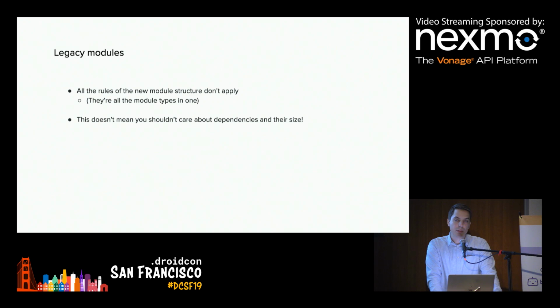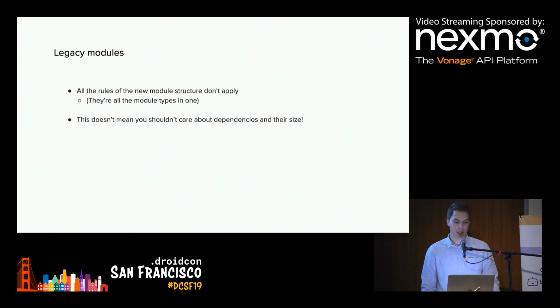We introduced the module structure at the beginning of this year. We didn't do a strong push for any adoption, but developers at Square picked it up nonetheless because it's so easy to reason about where you need to put your code and how you separate the API from the concrete implementation. But it's an ongoing process, and we still have legacy modules in our code base, and we have to deal with them in the new world.